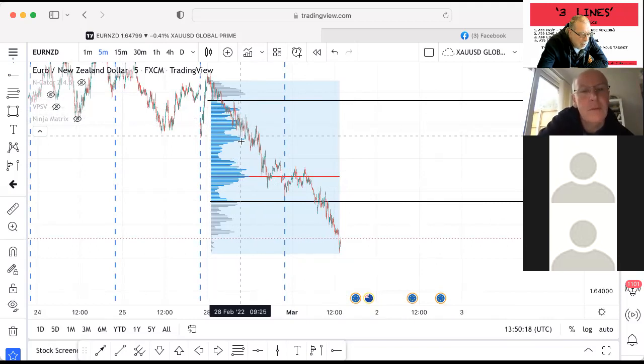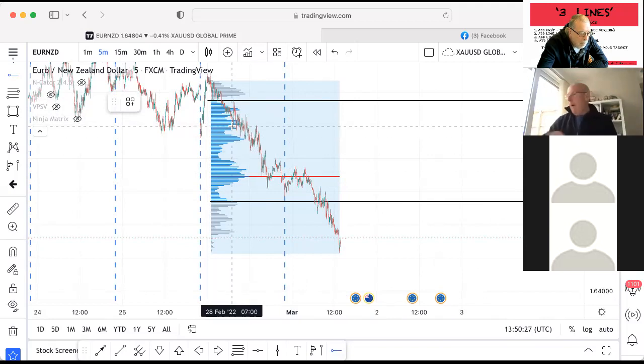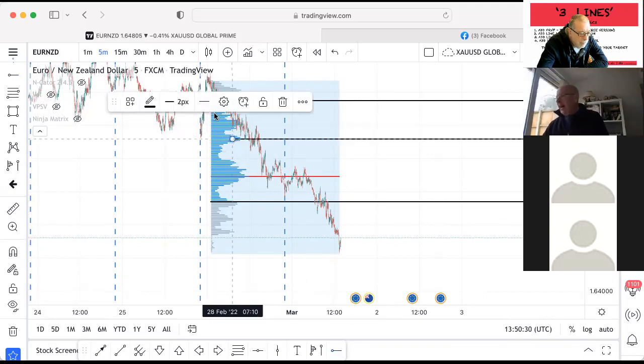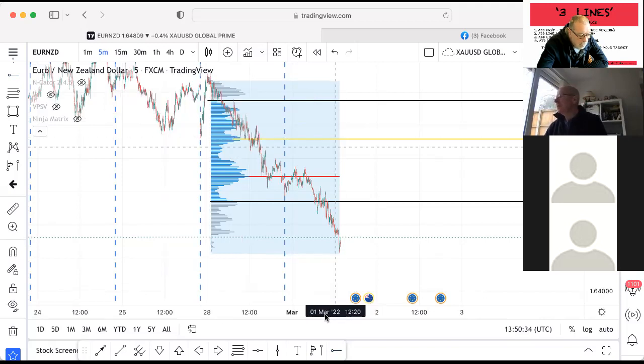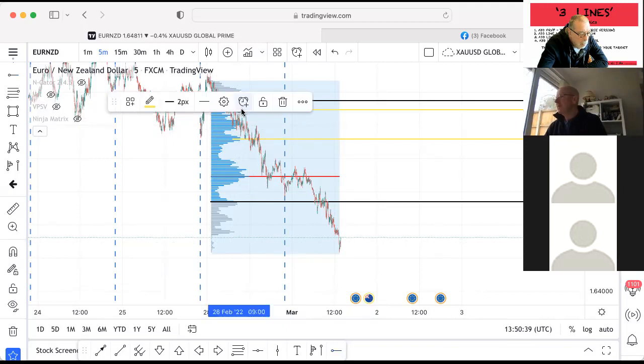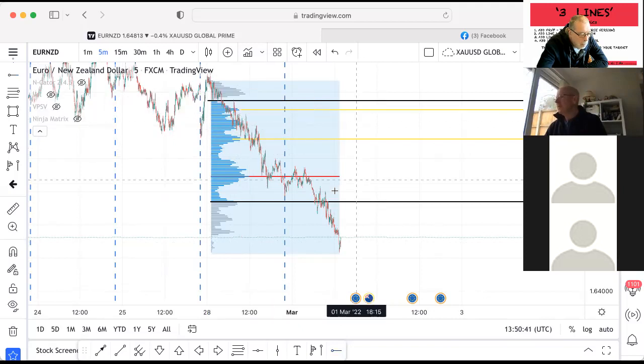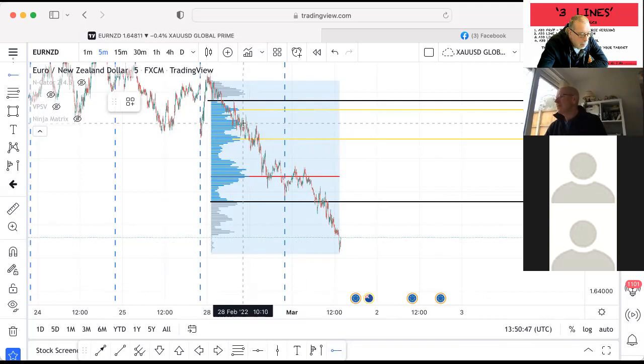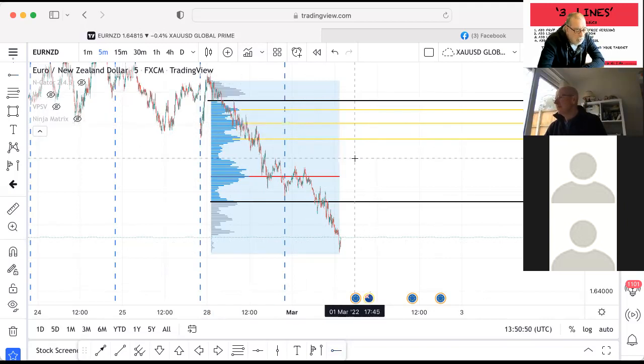So again, I'll put some lines on to try and demonstrate the point I'm trying to make. I'll make these a bit paler. One, two, and there's another one there. Roughly there. Okay, so we've got some additional lines.